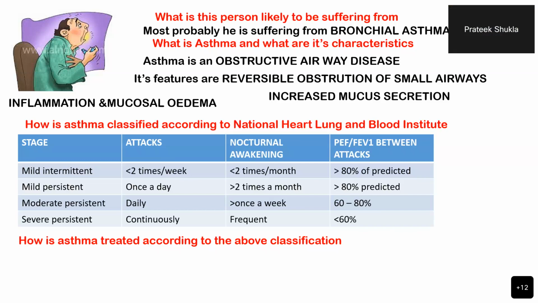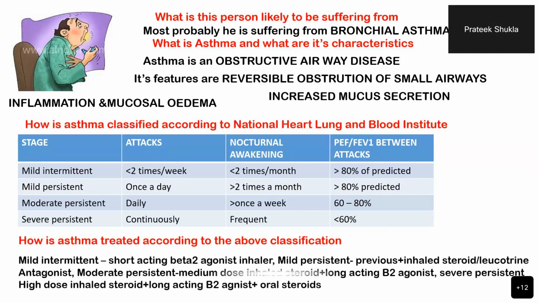Very good. So along with short-acting beta agonist, inhaled steroids. Supposing it is moderate persistent, third stage. Sir, short-acting plus long-acting beta agonist plus inhaled steroid. And if it is severe persistent, systemic steroids plus inhaled long-acting beta agonist. That's all. Very good.